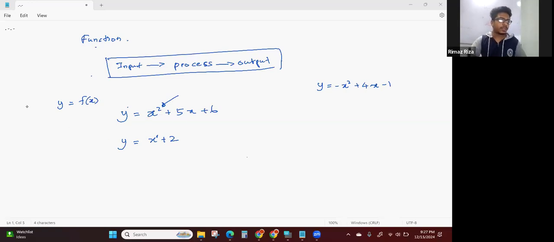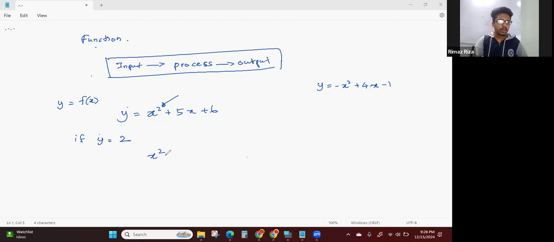Okay, so this quadratic function, now I have this quadratic function x squared plus 5x plus 6. I take this function and I'm setting the value of y. Let's say y equals 2.